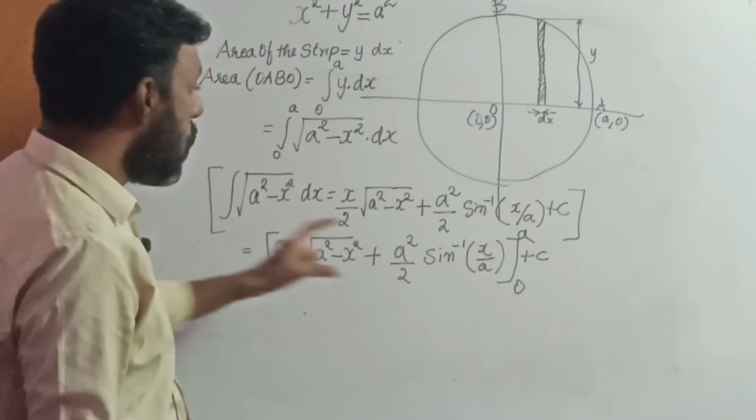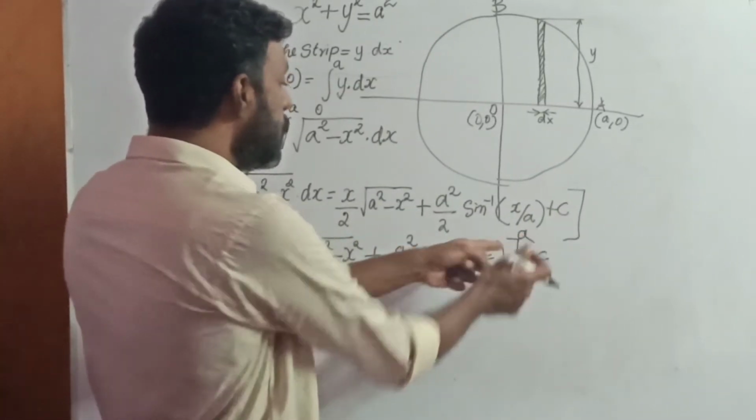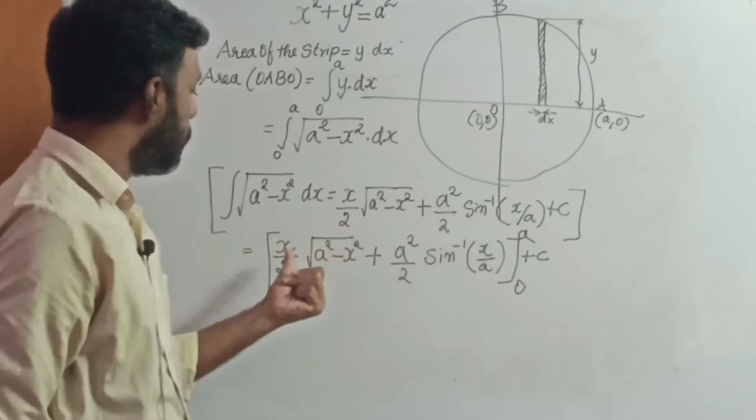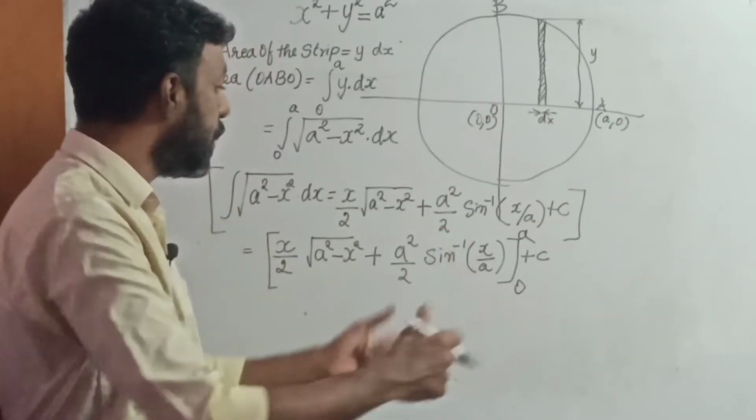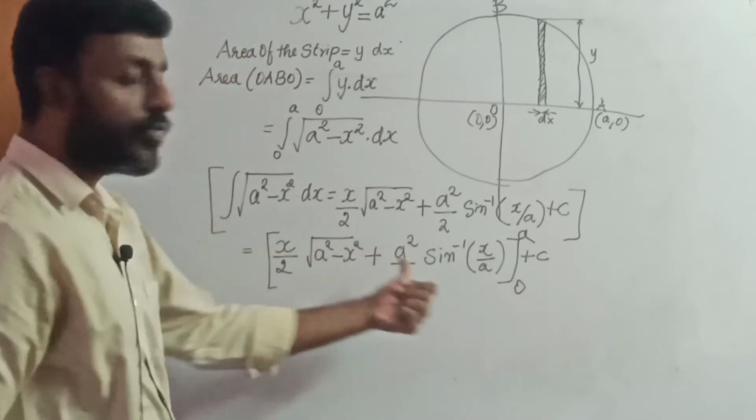Okay, so now I'm going to substitute a in place of x, and in the other part of the expression I'm going to substitute 0 in place of x.